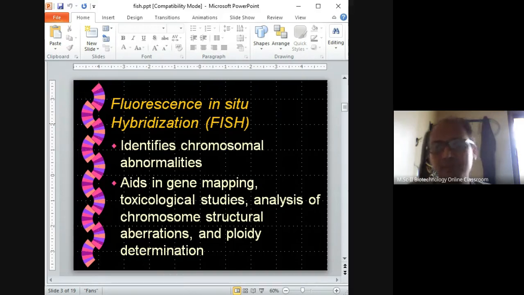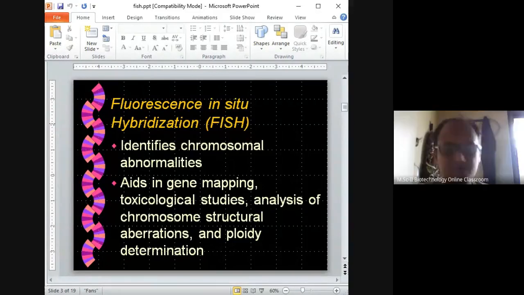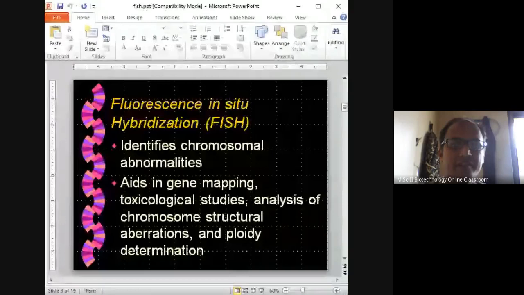Haploid means having one set. Diploid means what? Two, 2n. Very good. Triploid, 3. Tetraploid, 4. There are many plants which are polyploid in nature, so we can determine the ploidy level.